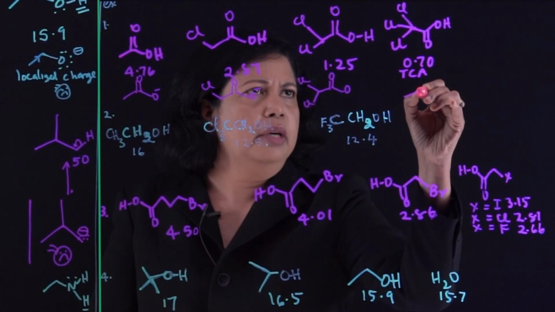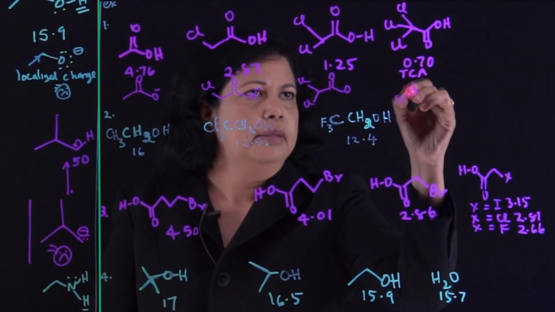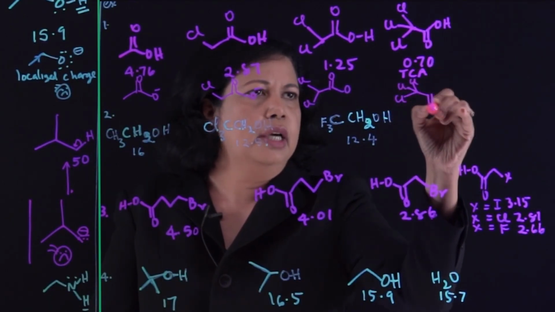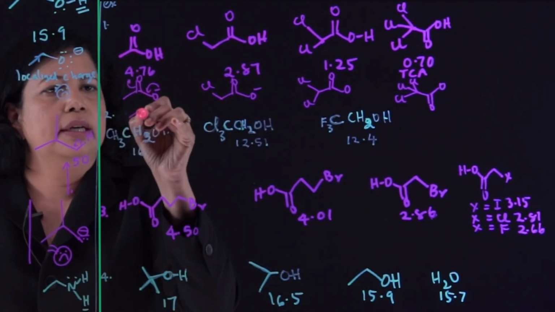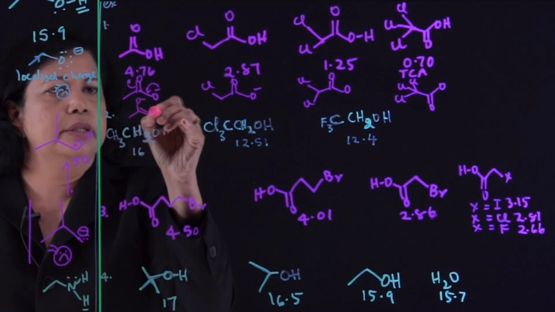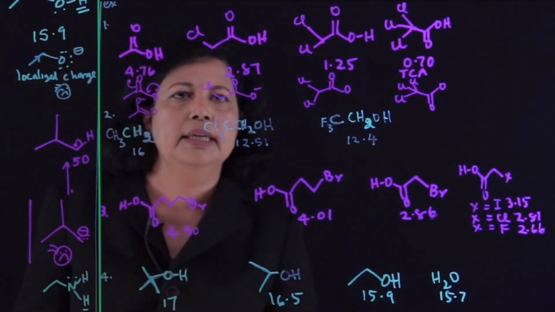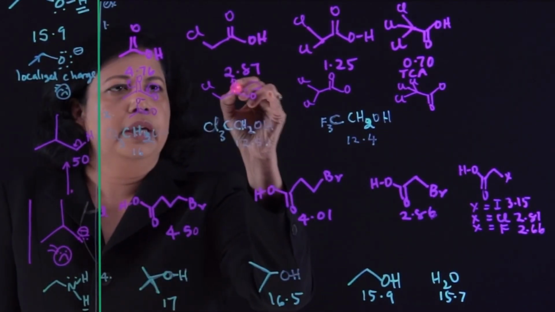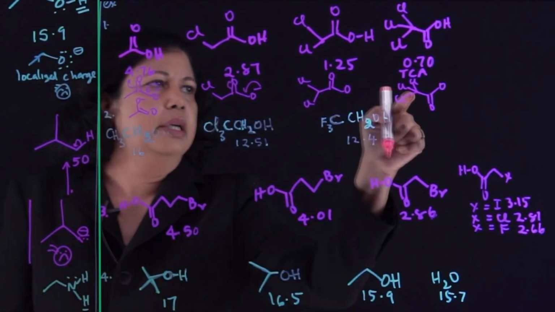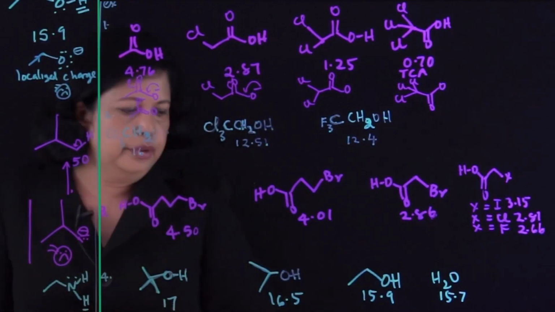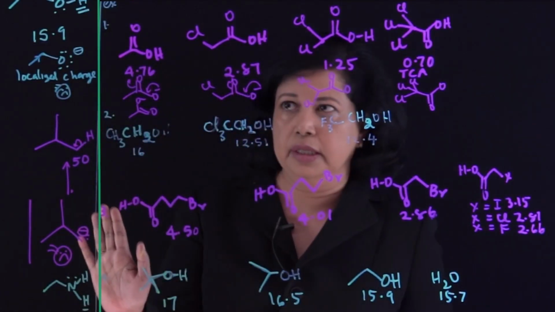So do the chlorines participate in the resonance? Let's try that out. Over here, so this anion can go over and cause a resonance over here. It doesn't go to this carbon. Same here, you can go over here, but it doesn't really go into this carbon. So even though the chlorines are right next door, they're not participating in resonance.